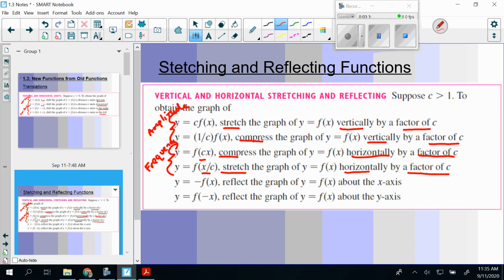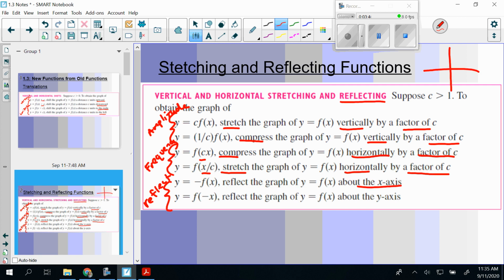The other thing, if you have negatives, that's where our reflecting comes in. So anytime there's a negative involved, that's going to be reflection. Outside, again, is going to be a reflection vertically. So anytime you see the negative outside of the function here, here's our negative, that's going to reflect it vertically. And if you reflect vertically, you're going to be going over the x-axis.